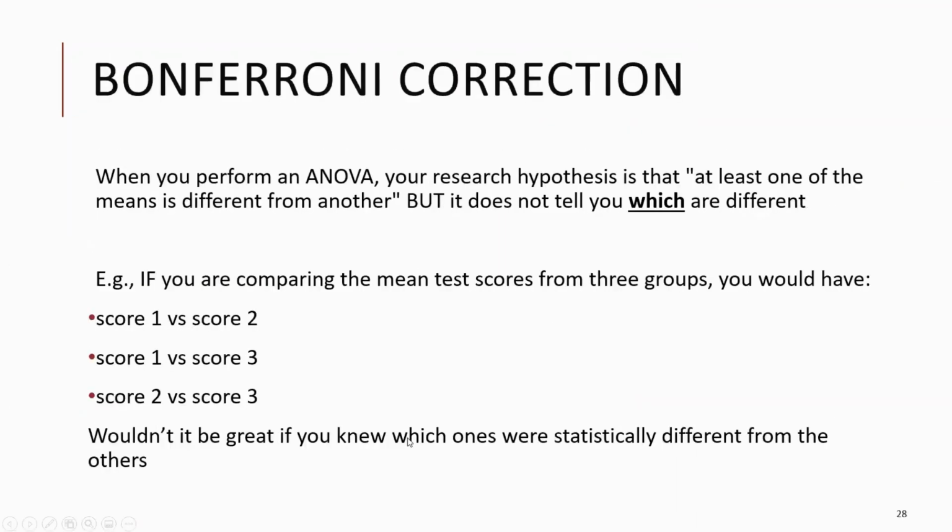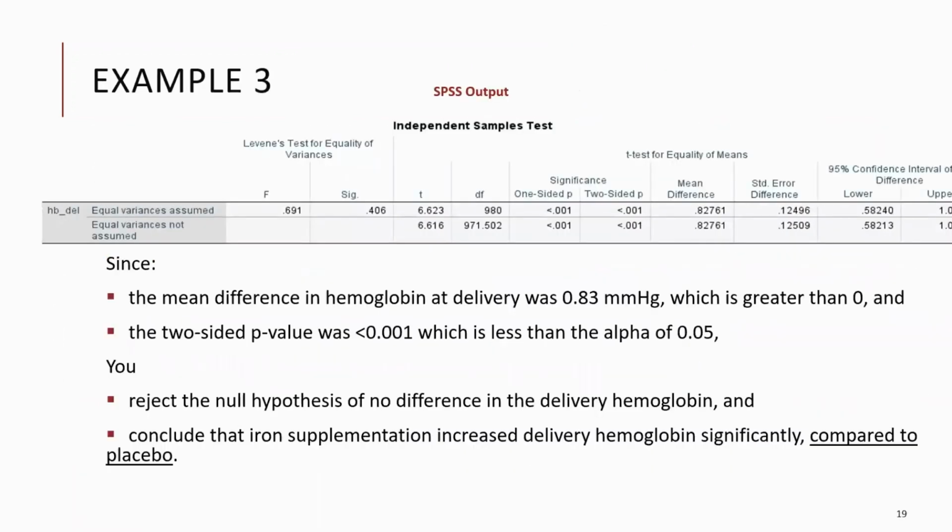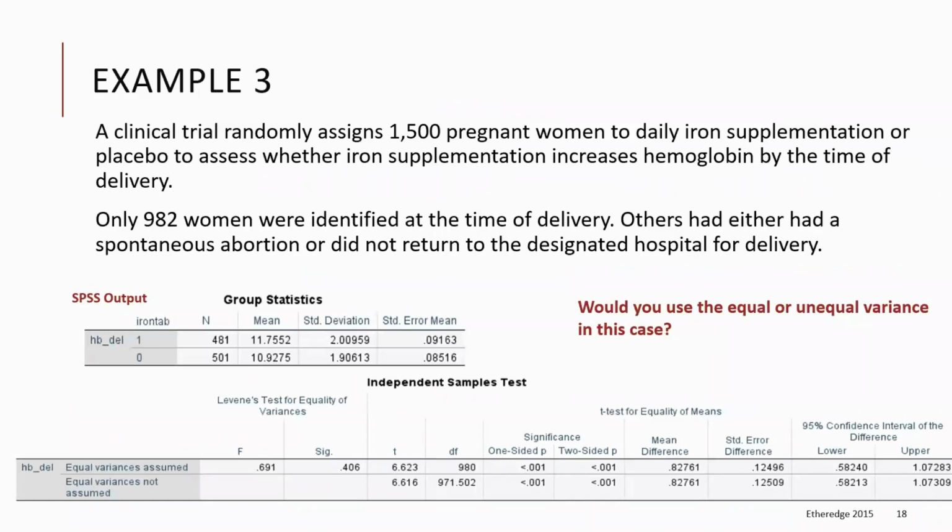In example 3, you're referring to this? Yes, sir. The standard deviation here for group 1 and group 0, if you compare, it is not double. So I thought then we should not assume.